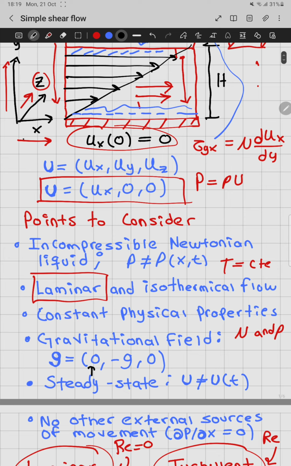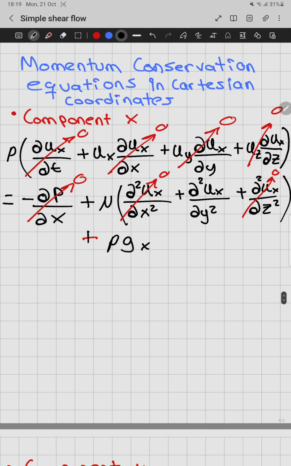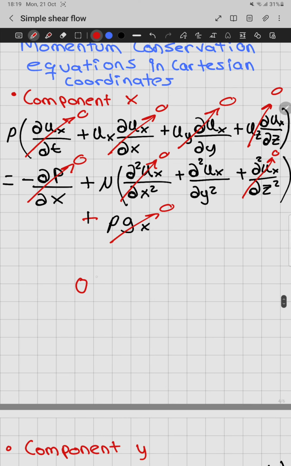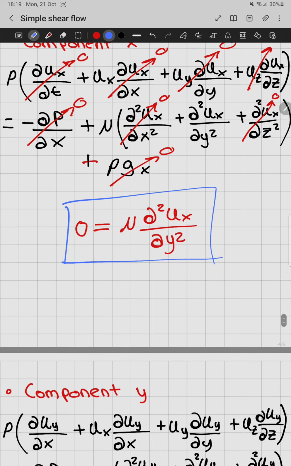In x direction, we will not have a contribution from the gravitational forces, so this is 0. So in conclusion, this whole equation is simplified to only this. We will save this equation for later.